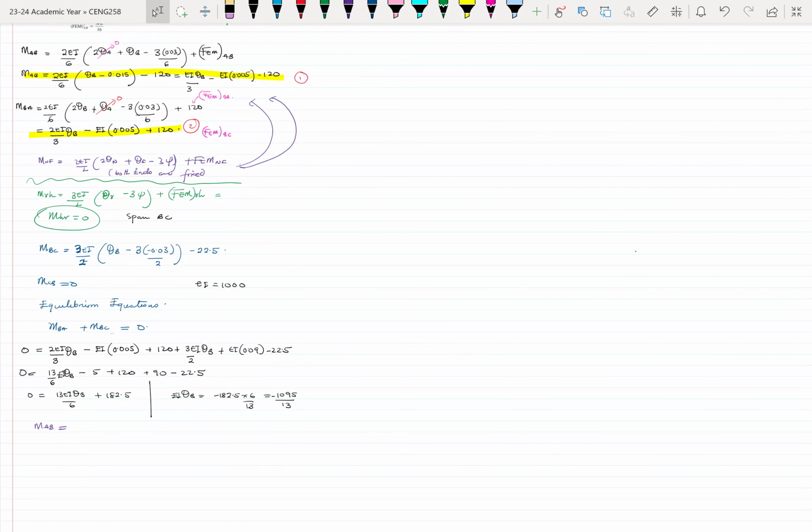let's try to rewrite it. So MAB will be EI, so EI theta B will end up with minus 1095 over 13 times 3, hopefully, minus 5 minus 120.